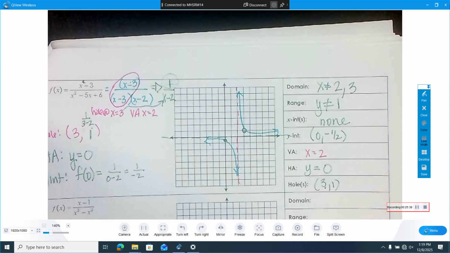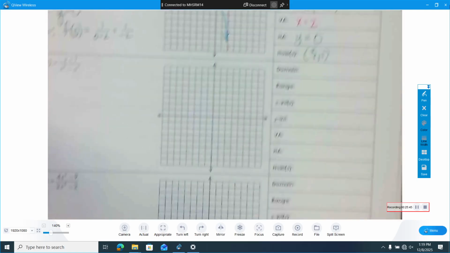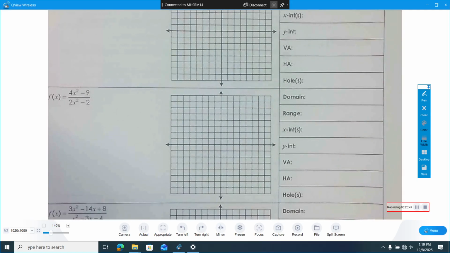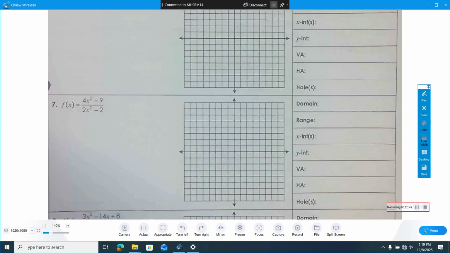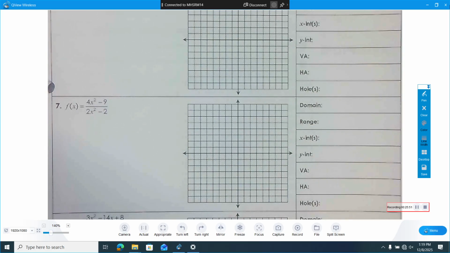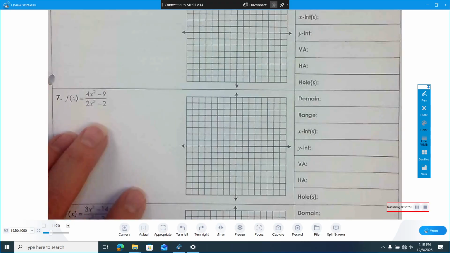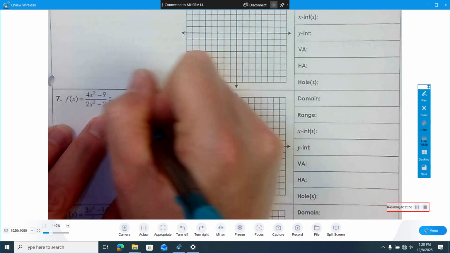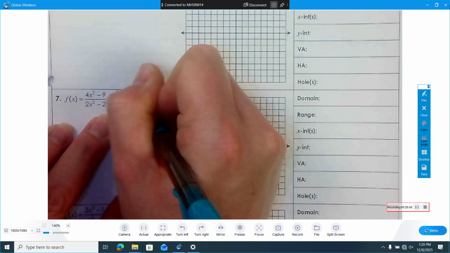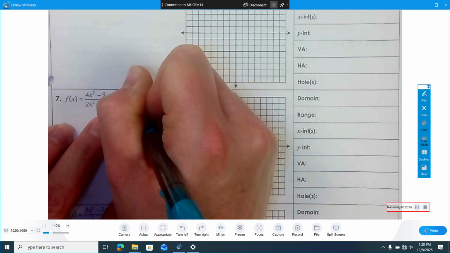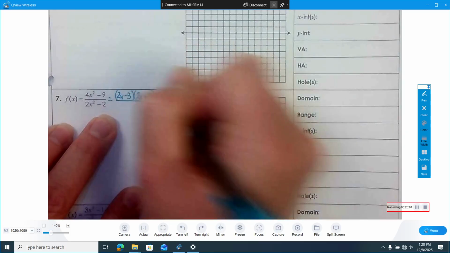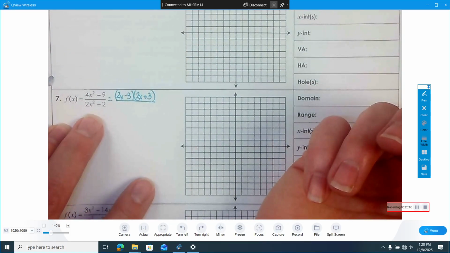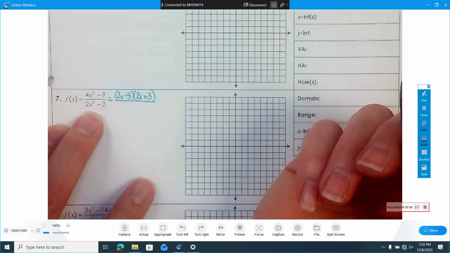Let's try the next one, and then we're going to go back and do some of the easy ones. What do you want to do first? Double bubble, okay. 2x minus 3, 2x plus 3. What should we do in the denominator?